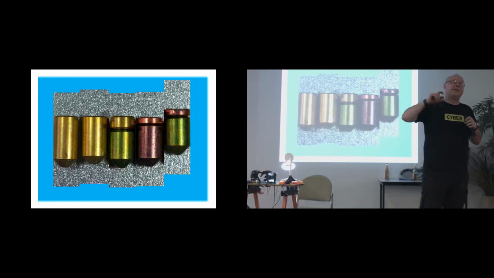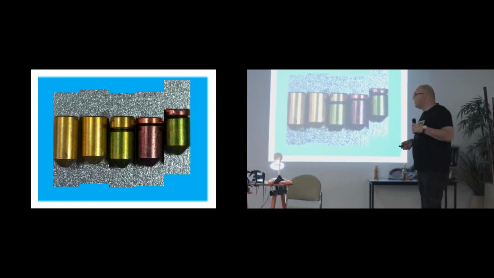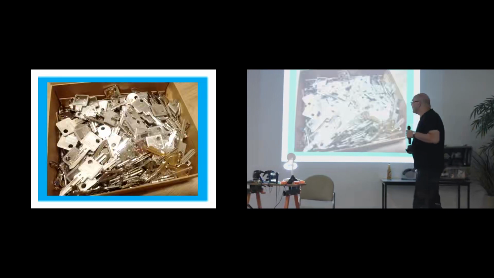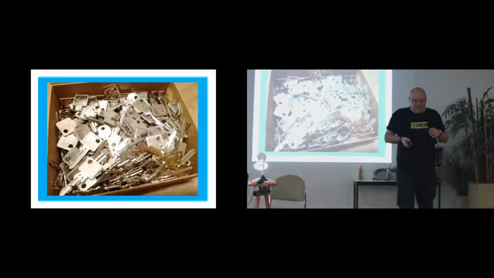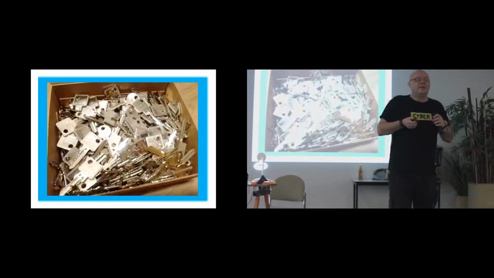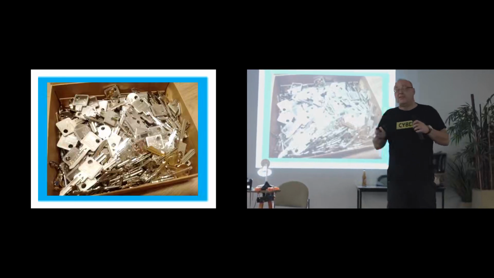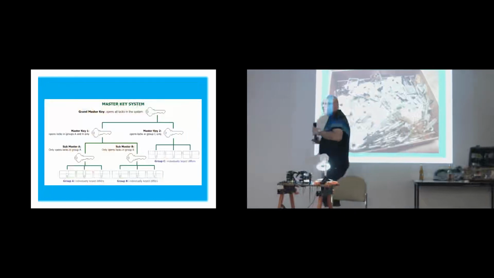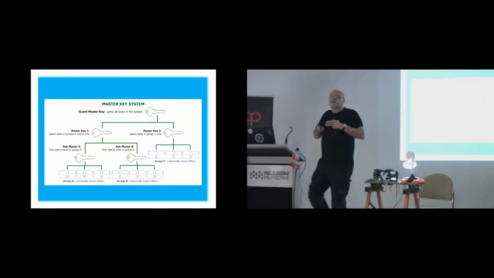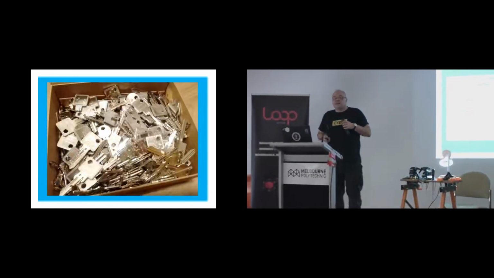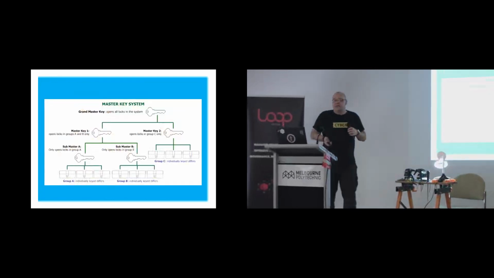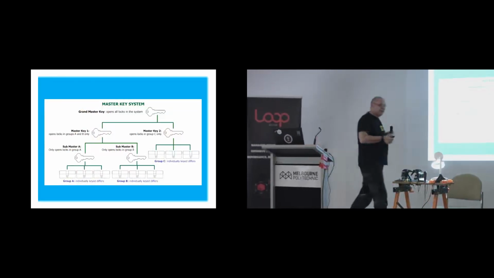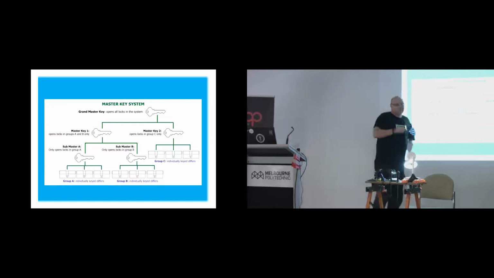And if you put more disks in one pin stack, that grows even faster. So you end up with a shitload of keys. So even if you are able to take the lock apart to figure out what all the parts are in there, then you can, of course, figure out what this system actually looks like. But you'll end up with a lot of keys, and you will not know which of those keys is the top one.